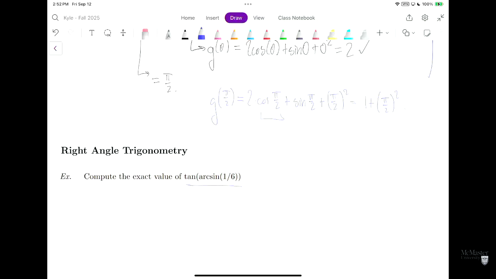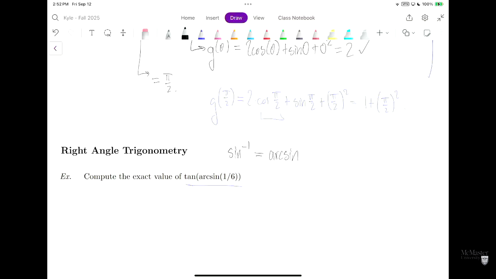Before we keep going, who doesn't know what arc sine means? It's okay, sorry, that's my fault. Is everyone familiar with this if we write the sine inverse? It's the inverse sine function. Arc sine is just the exact same. We're going to call our inverse sine arc sine.